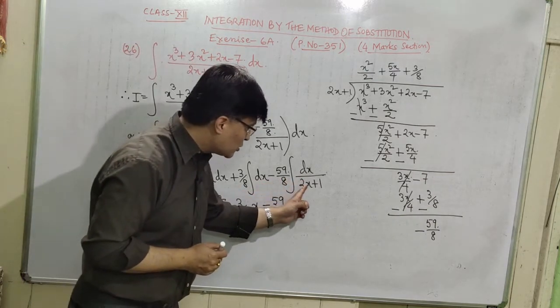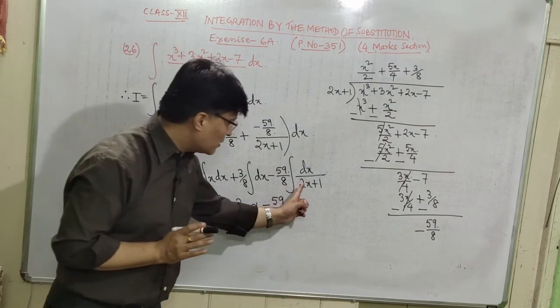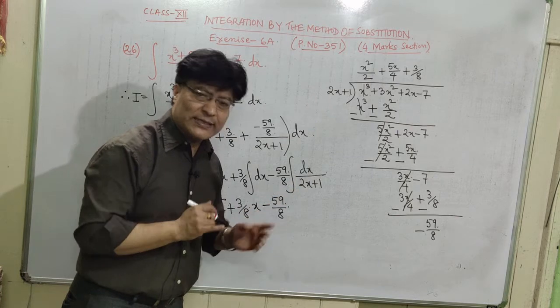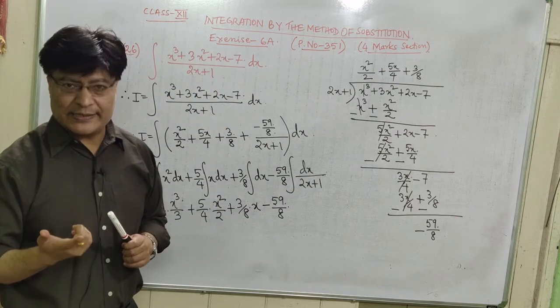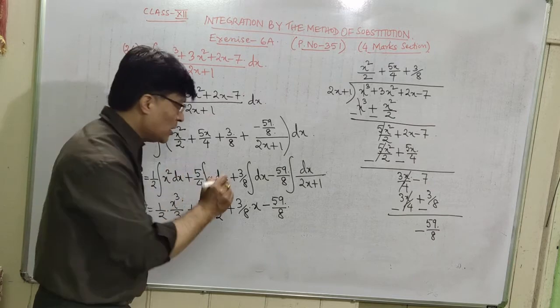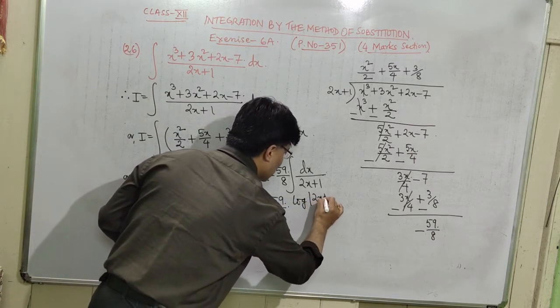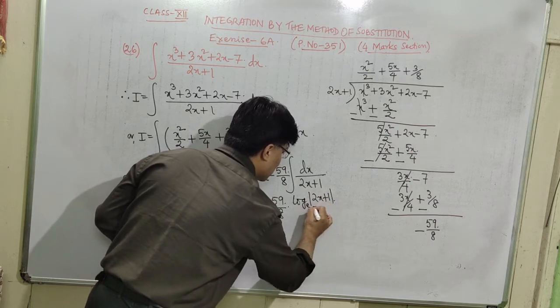Now in this case also 2x plus 1 is an algebraic expression, and here the power of x is 1. So you can take this 2x plus 1 as x. So what is integration of dx by x? That is your log x. But here it is log within mod, 2x plus 1, the base is e.